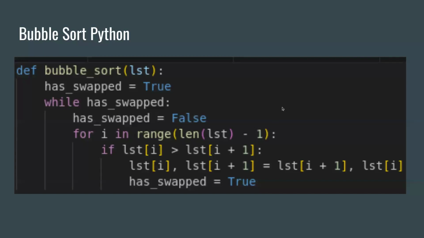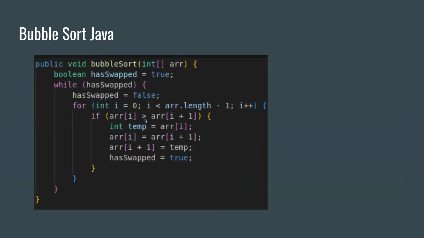So here is a Python code for bubble sort, and you can see that the optimization is already implemented. And here is a Java code for bubble sort.